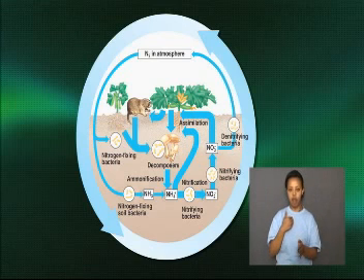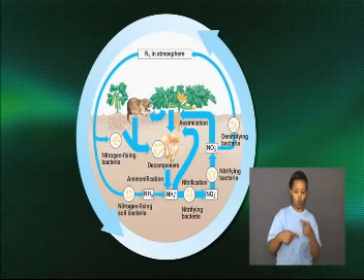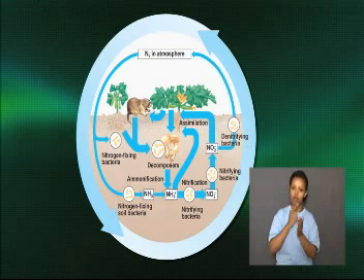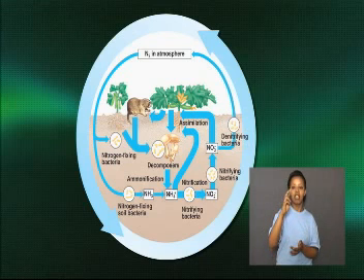Bacteria known as Nitrosomonas convert ammonia and ammonium to nitrite. Next, bacteria called Nitrobacter finish the conversion of nitrite to nitrate. The last step involves denitrifying bacteria. Nitrates are further reduced to nitrogen gas.